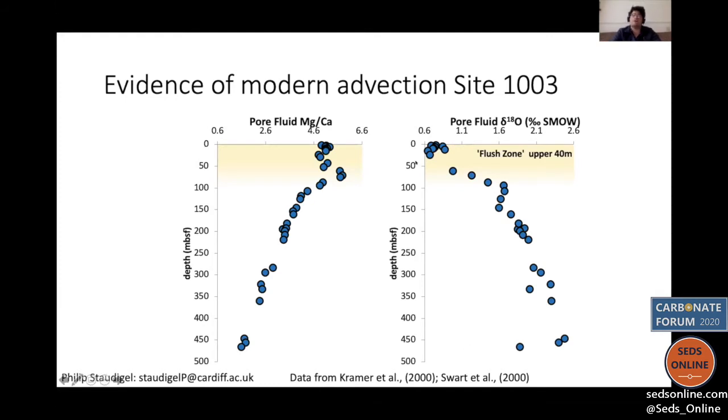And then below this, what we're calling a flush zone, due to dolomitization, you have a decrease in fluid magnesium calcium ratios and an increase in pore fluids due to recrystallization at different temperatures. The pore fluids, because it's in a more enclosed system below that depth, you tend to affect the pore fluid a great deal.